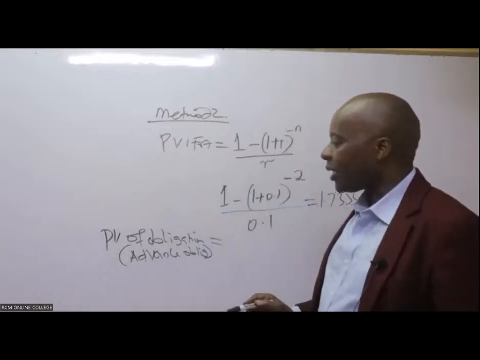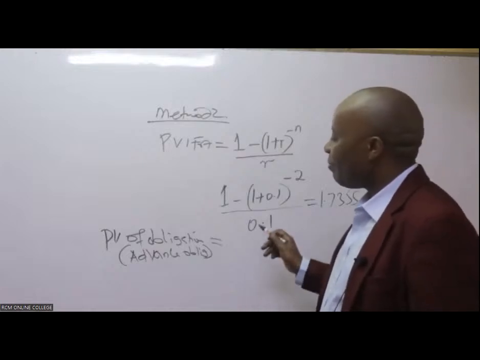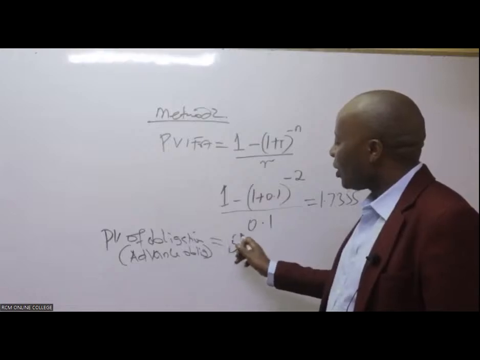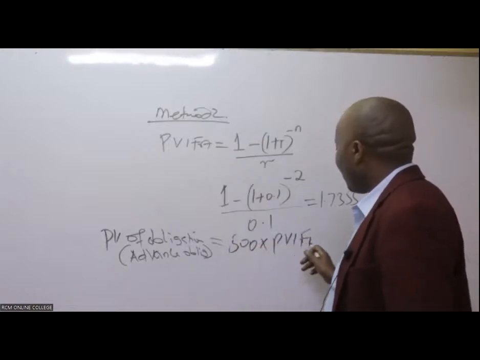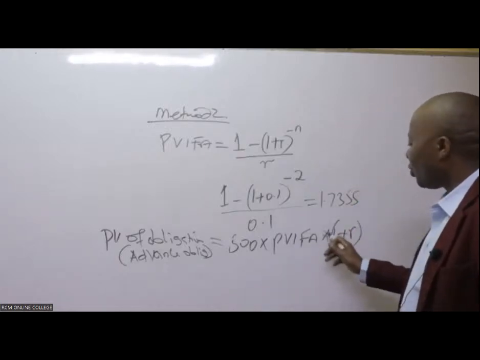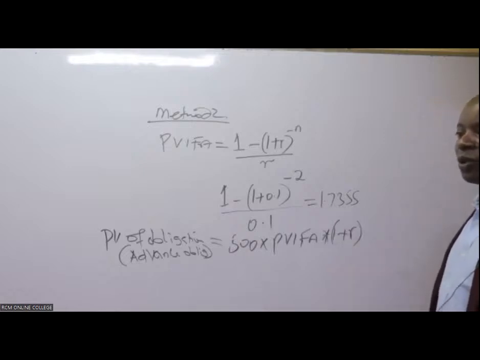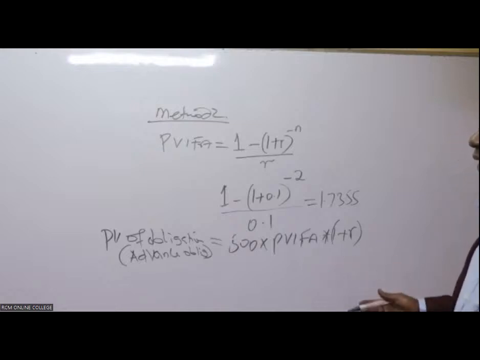So for the present value of the obligation for the advance payment, I will take the lease rental, which is 500, multiplied by PVIFA, multiplied by 1 plus R. You multiply this with 1 plus R. This is what you were taught in those old days, when there is an advance payment.